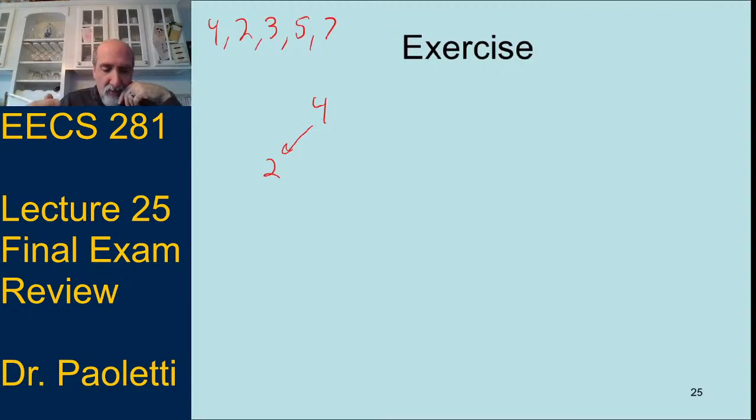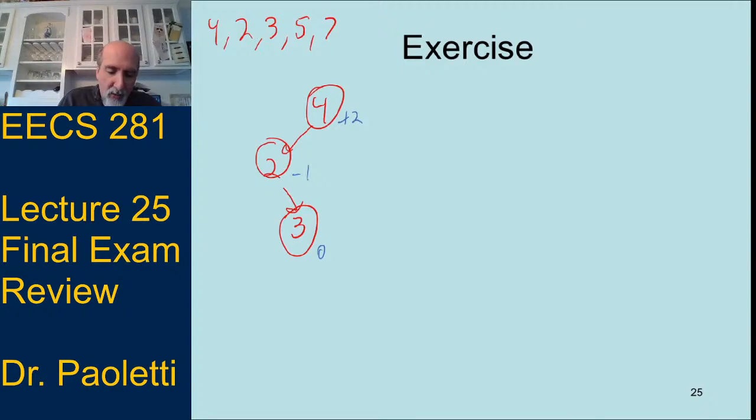Okay, so for this one, 4, 2. Okay, then when I insert 3, I'm unbalanced. And if we look at the balance factor of every node, remember the balance factor is left height minus right height. So a leaf has a balance factor of 0. 2 has height of 0 minus 1 is -1. 4 has 2 minus 0 is +2.